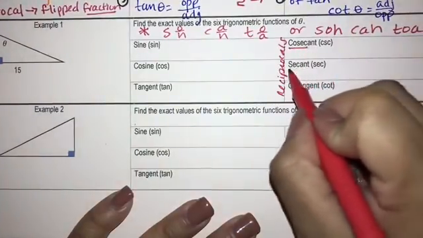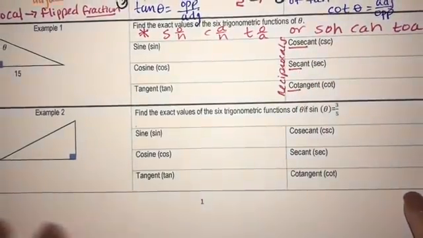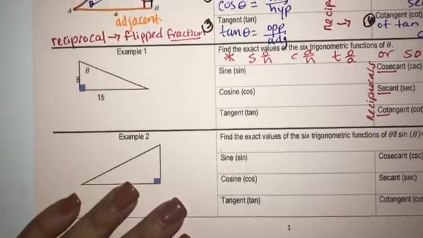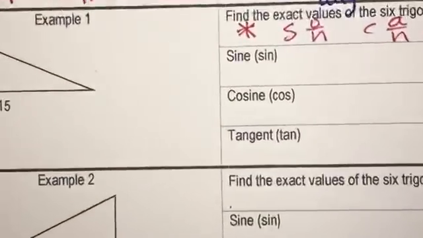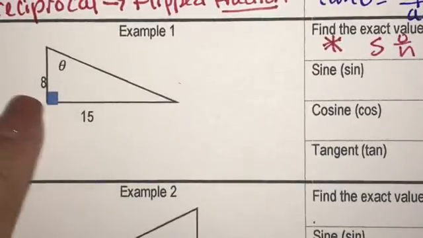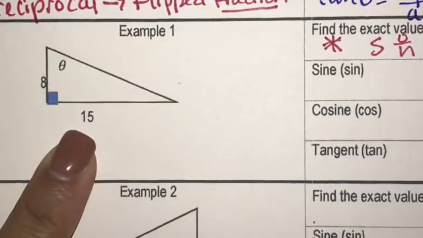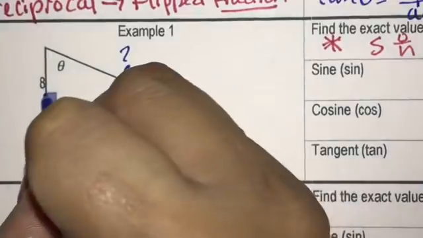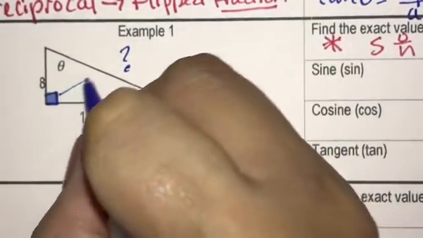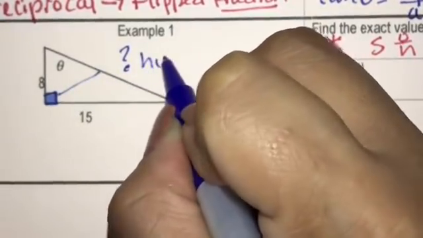So all of these are reciprocals. So let's look at what we have here. In example 1, we have 2 sides, and we're missing this third side. We know it's a right triangle, so I can say that this side is the hypotenuse.